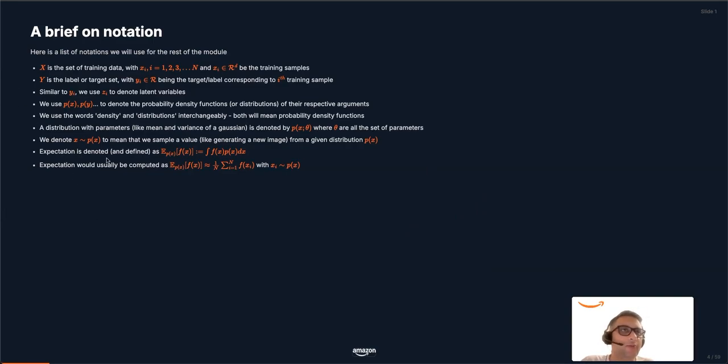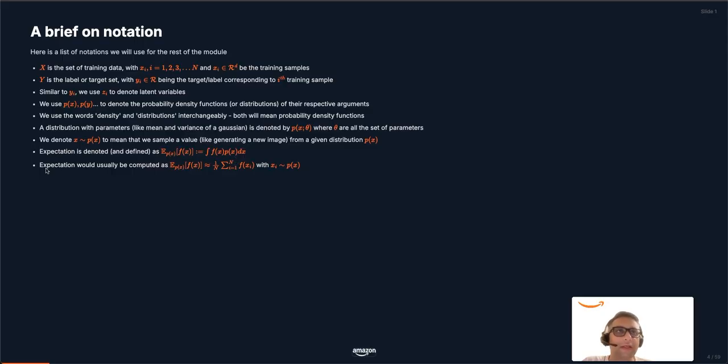And finally, an expectation is defined as the expectation E over P of X of F of X. So here, essentially, I am taking the expectation of this function of X with respect to the distribution P of X. Okay, so this is your standard undergrad level definition of an expectation of a function of a random variable, right?